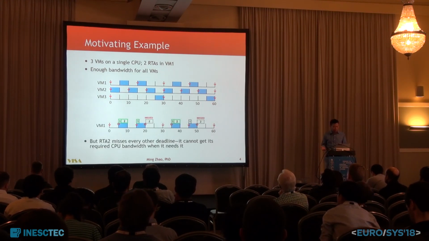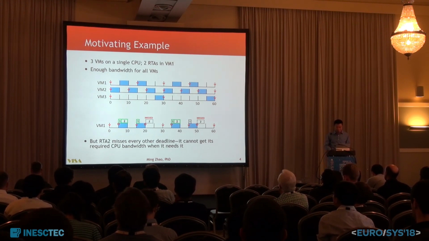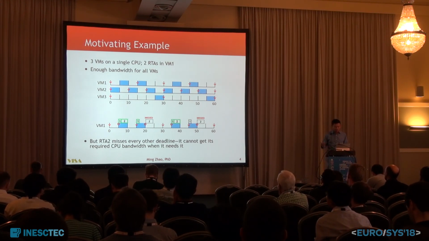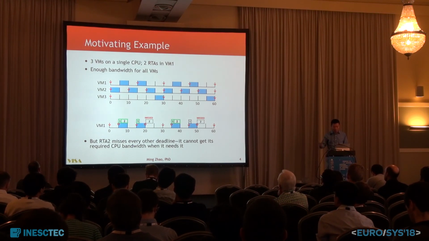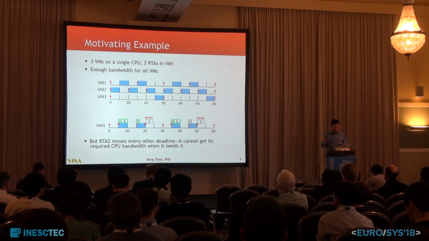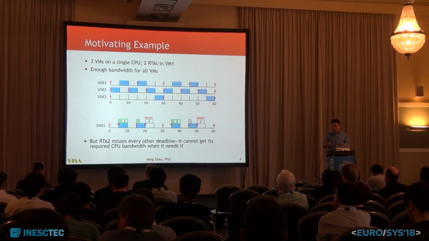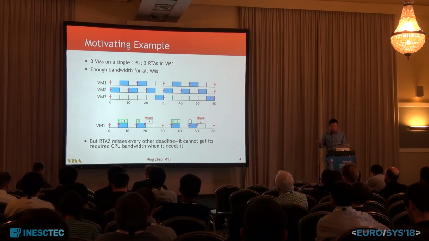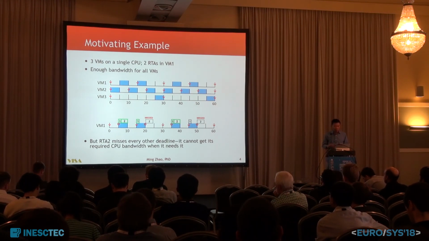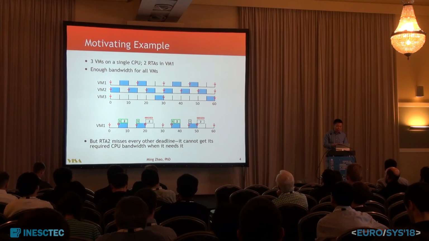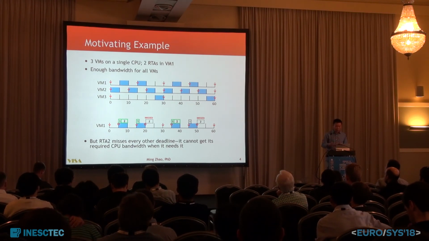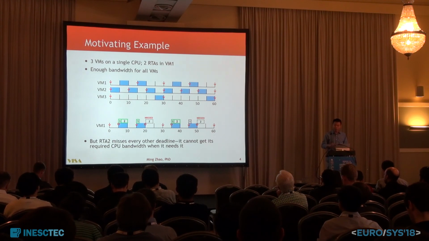But when we look at the 2 time-sensitive applications running on VM1, the way that the deadlines of these applications are aligned to when the virtual machine is given time to run, we actually make the second application miss every other deadline when it is scheduled. Again, even though there's enough bandwidth to satisfy everybody's requirement, the host schedule cannot give the application running on the virtual machine the bandwidth when they really need it. As a result, they cannot always meet their deadlines.